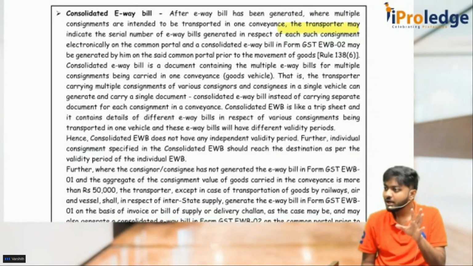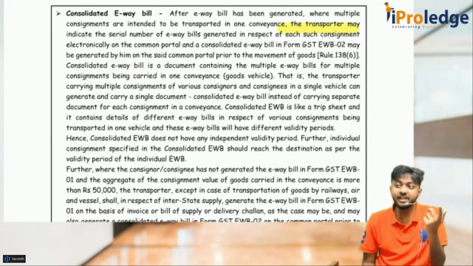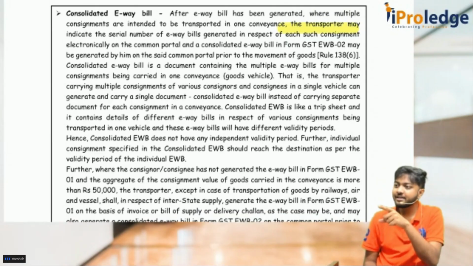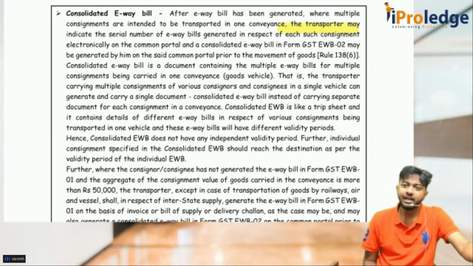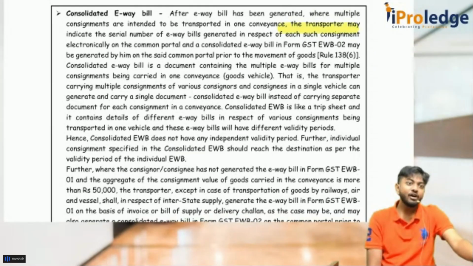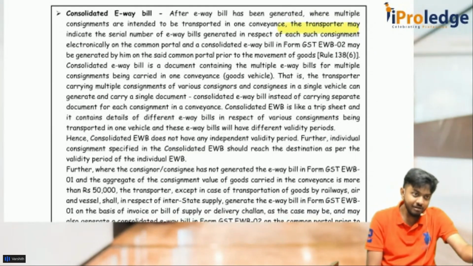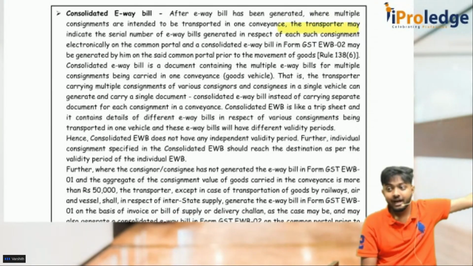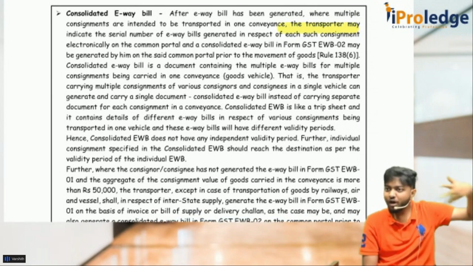Good enough, no problem. But if the registered person has not generated the e-way bill, then who is supposed to generate it? We discussed this. The transporter was supposed to generate it. For a transporter, there will not be only one supplier or consignor. Many people will be there, and there are chances that many have not generated the e-way bill for whatever reasons.